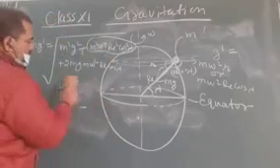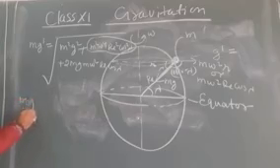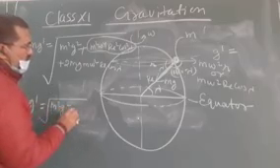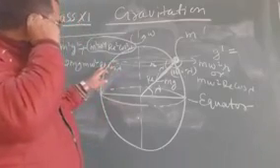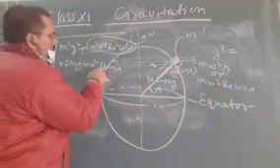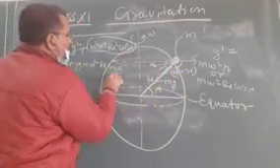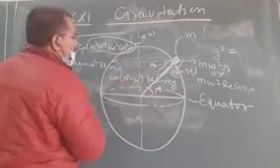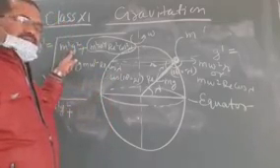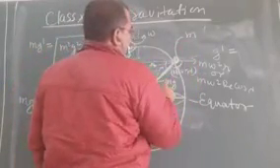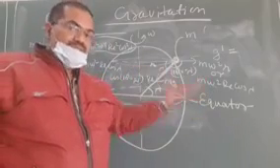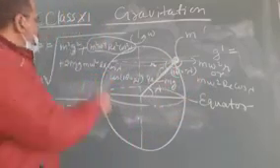So what do we get? mg dash equals under root m square g square plus... One more thing, this is not complete. 180 minus lambda is the angle between the forces. By the vector rule, a square plus b square plus 2ab cos theta, where theta is the angle between a and b.